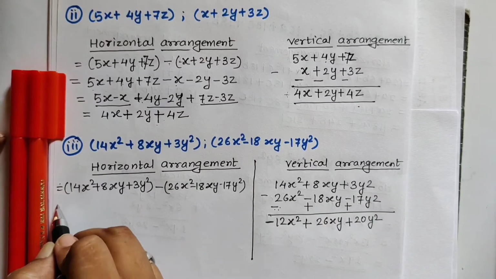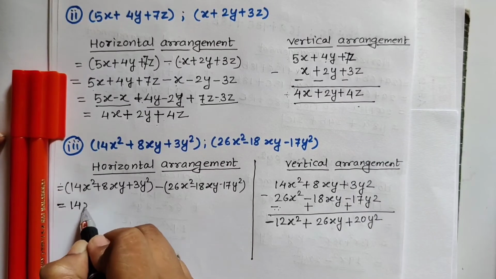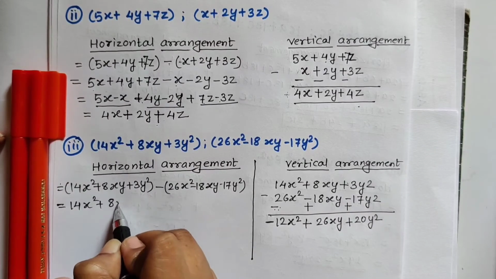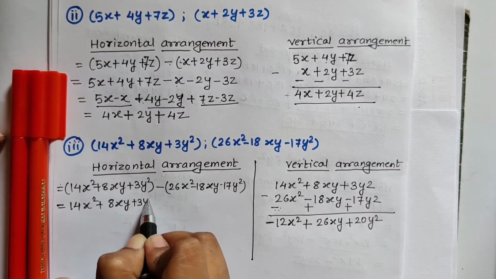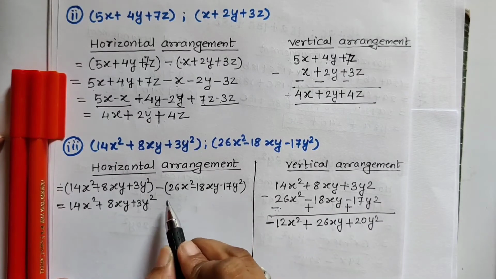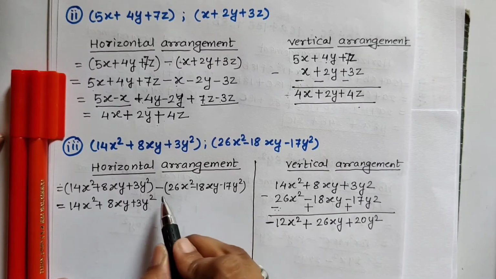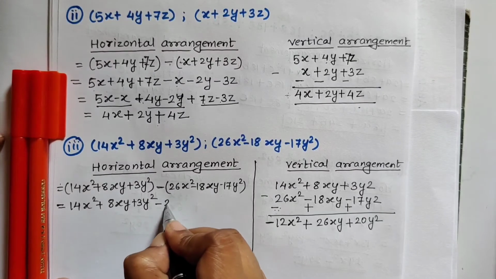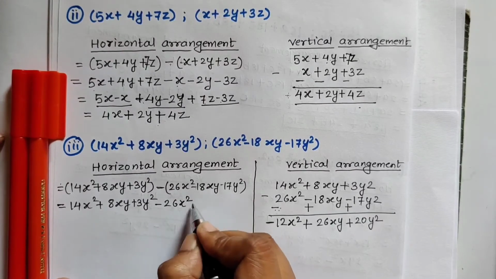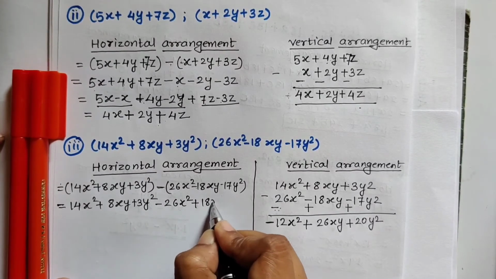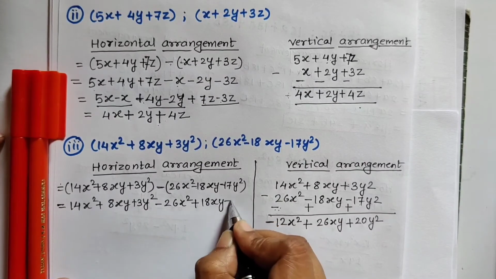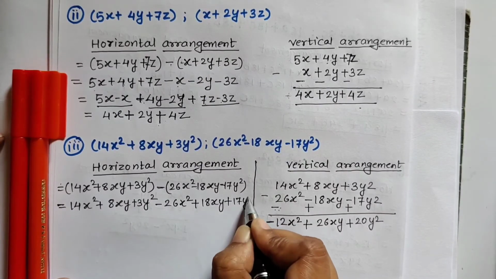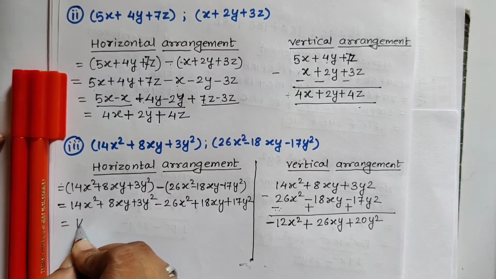Now next step is to remove the bracket. 14x square plus 8xy plus 3y square. Now while removing the second bracket, see the sign, we have to change the sign because minus sign is there. So minus 26x square, this minus becomes plus 18xy, this minus becomes plus 17y square. Next step is to write the like terms together.